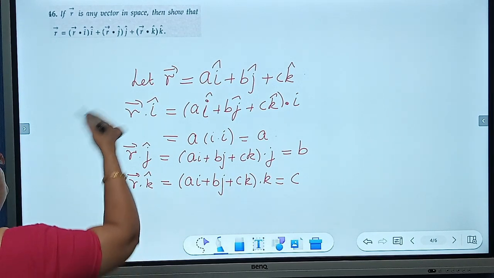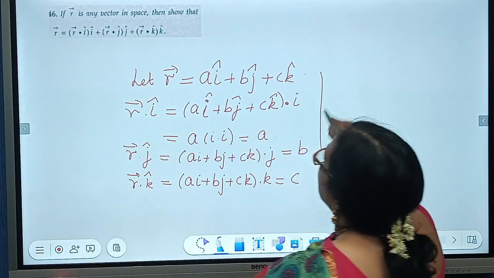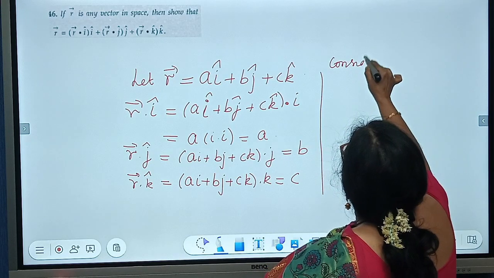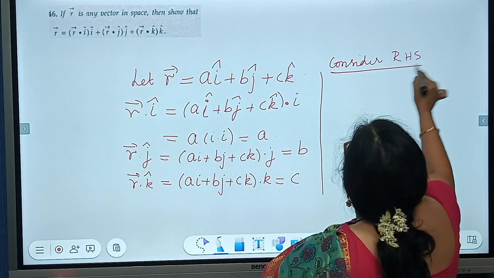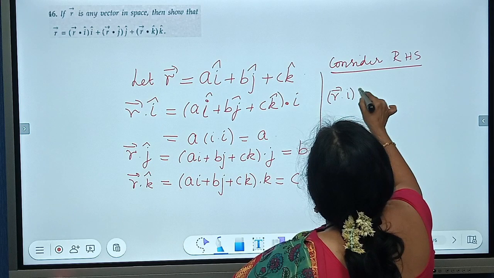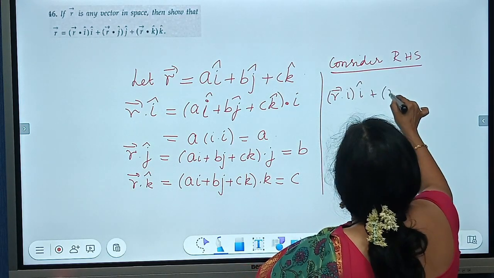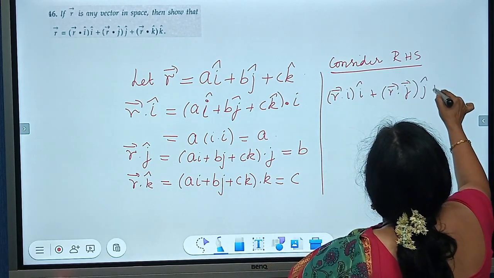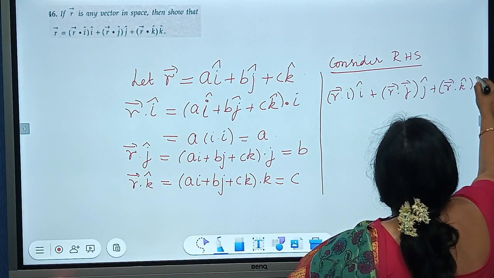Okay, when I substitute back all these values, let me consider the right hand side. Now you have r dot i times i vector plus r dot j times j cap plus r dot k times k cap.